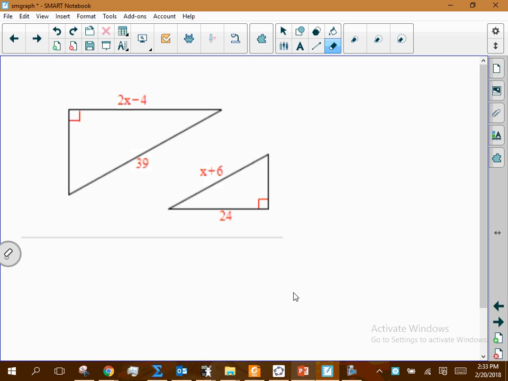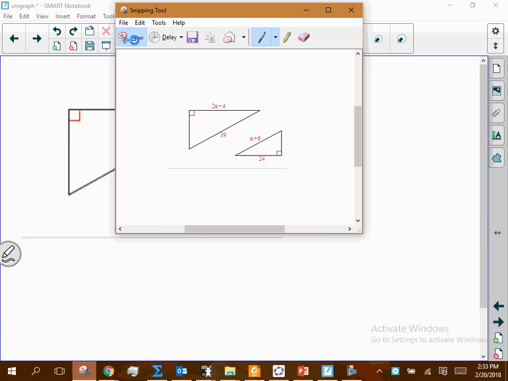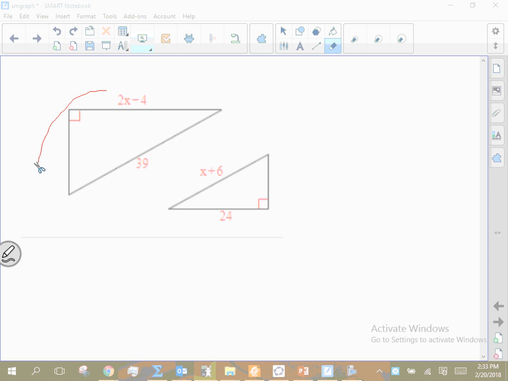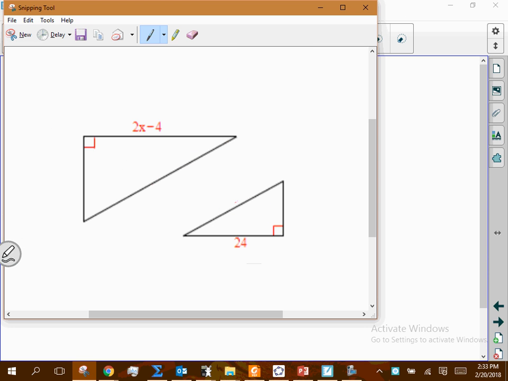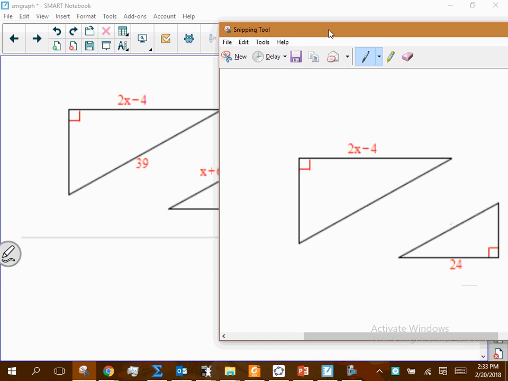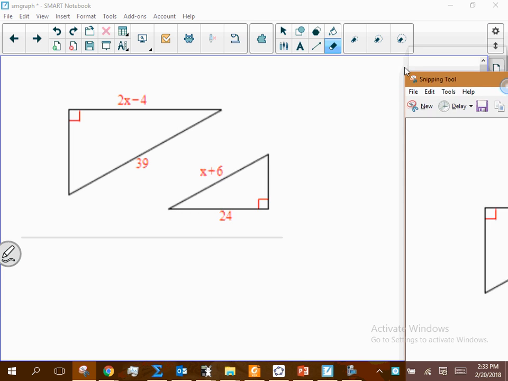So, in the event that they would have provided me, let's say they give me that picture, where maybe now there's 39 and x plus 6.